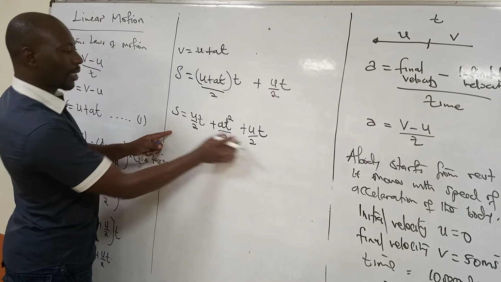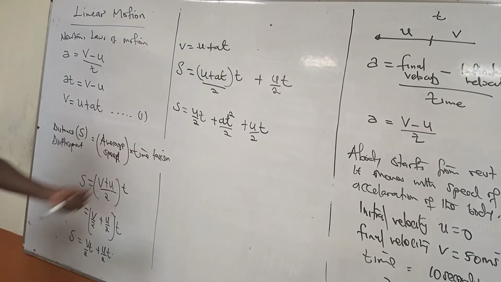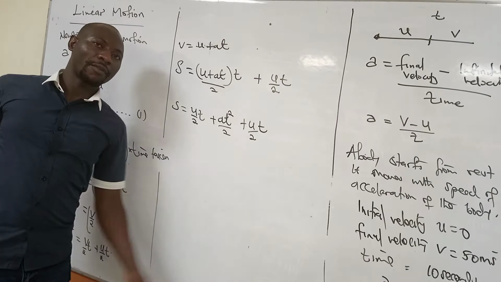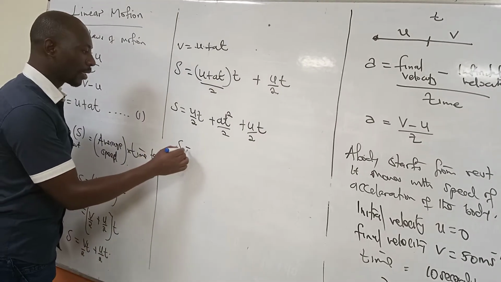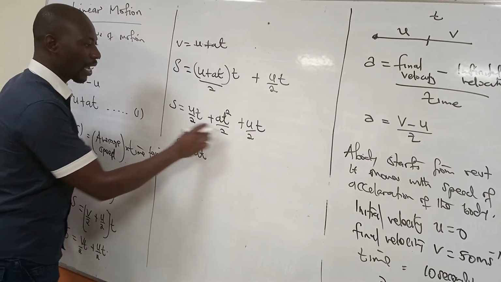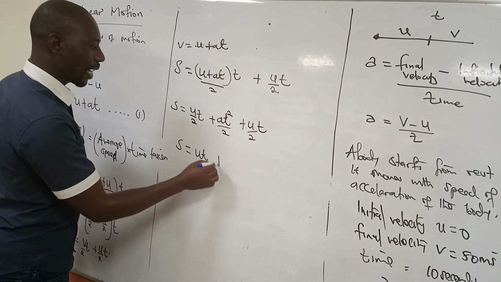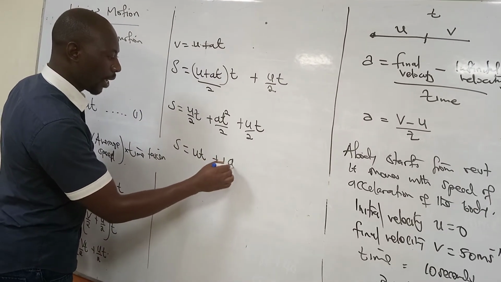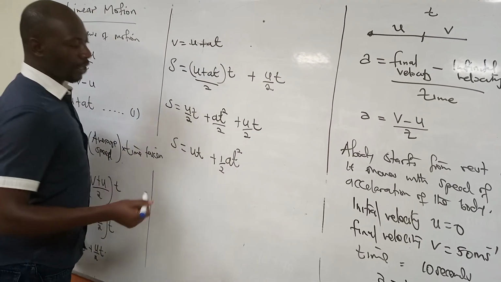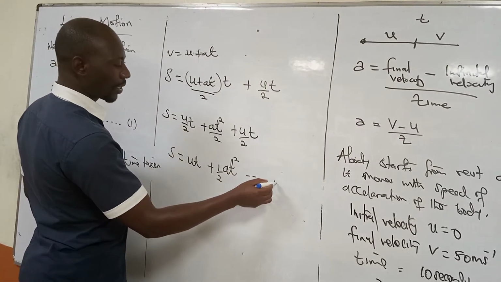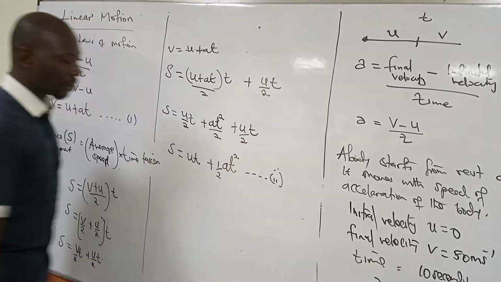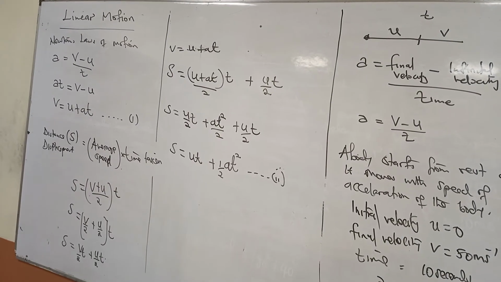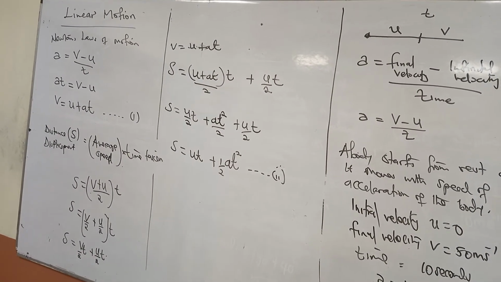Such that this term and this term are the same. You can collect them. Half of UT plus half of UT, that one will give you S is equal to UT. Half and half makes one full. Then plus a half of AT squared. So this one is what we call our second law of motion. That is what we call the Newton second law of motion.